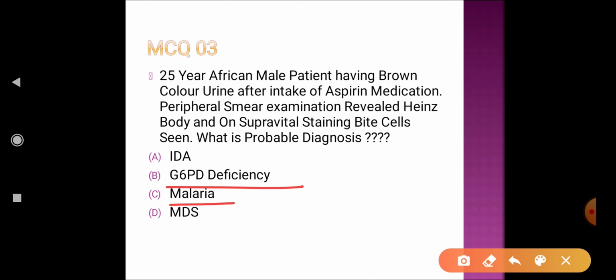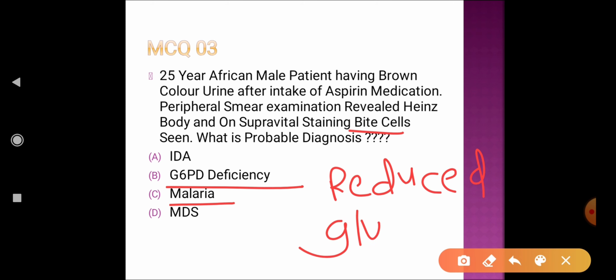But why is our answer G6PD deficiency? Whenever there is a presence of bite cells, what happens in G6PD? You cannot withstand the oxidative stress because reduced glutathione formation is reduced. Reduced glutathione production will not happen, right?